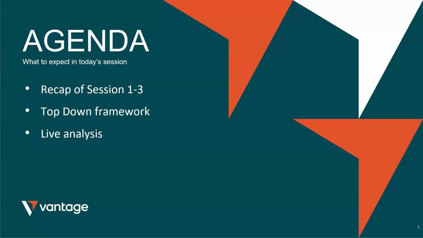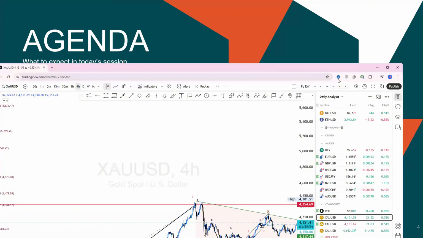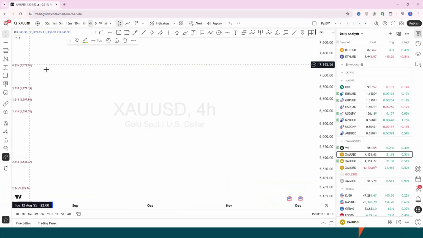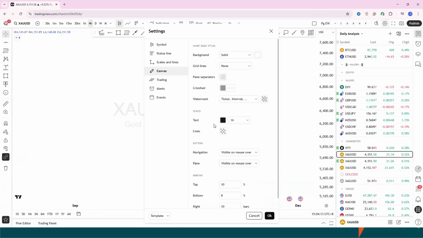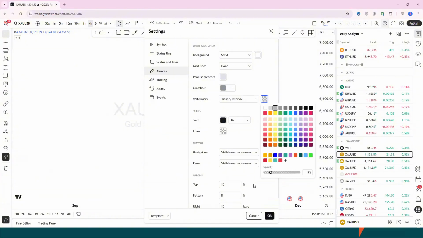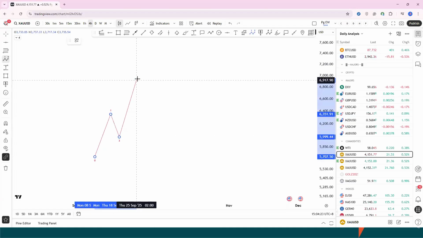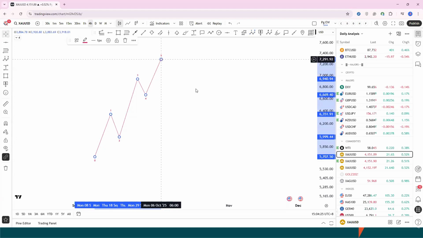So what have we done in the past parts 1 to 3? Remember that the Elliott wave consists of an impulse, with wave 1, 2, 3, 4, and 5.